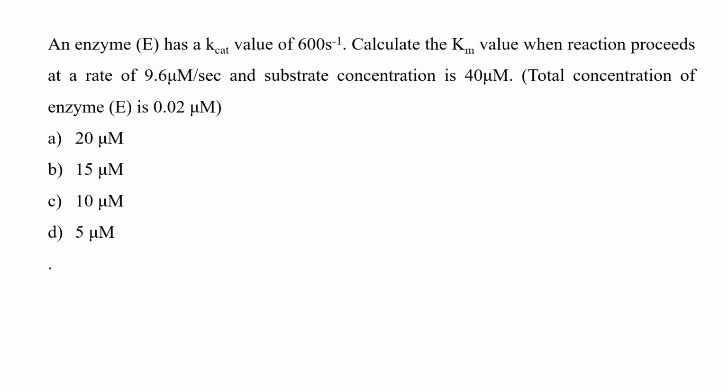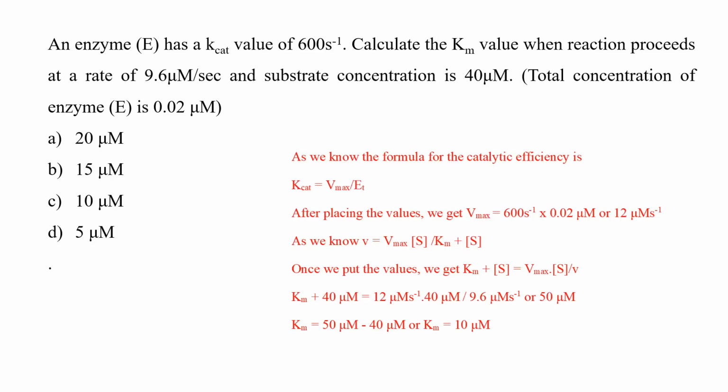An enzyme E has a kcat value of 600 per second. Now we have to calculate the Km value when reaction proceeds at a rate of 9.6 micromolar per second and substrate concentration is 40 micromolar. The total given concentration of enzyme is 0.02 micromolar. As we know, the formula of kcat is Vmax by total enzyme concentration. So if we place the value of kcat and total enzyme concentration which is being given, then we can get the value of Vmax.